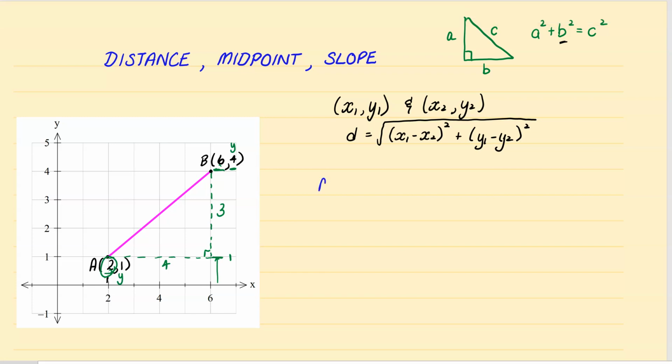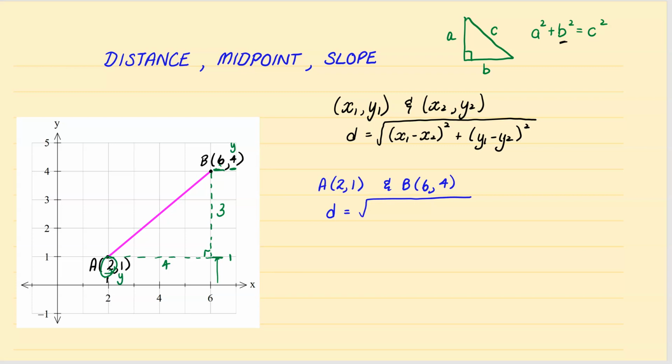So let's apply it to our little system here. I always like to write down the points that I have. So we've got A is (2, 1), and B is (6, 4). Always write your formula down. It helps avoid any silly errors because there's going to be numbers flying all over the place here.